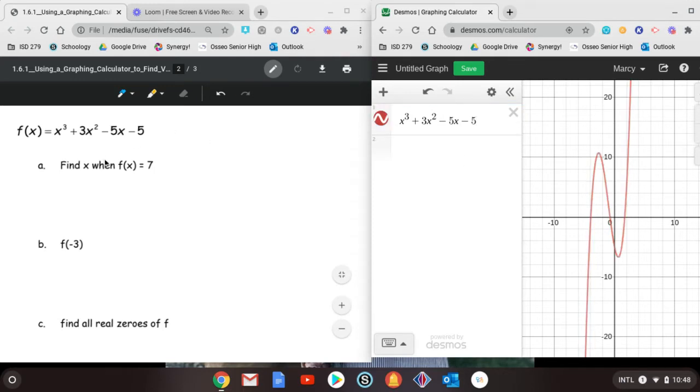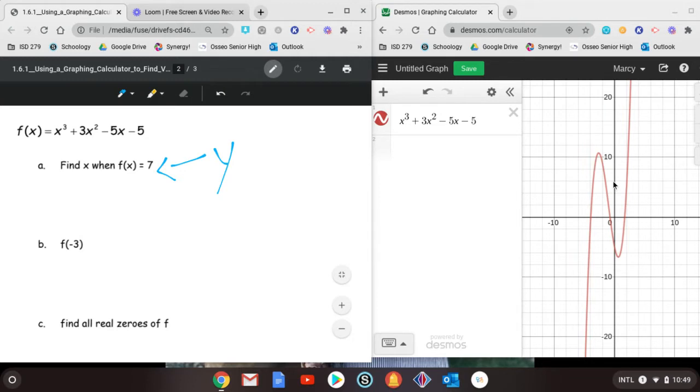So now I look at find x when f of x is 7. Well, I have to remember that this is my y value. Okay, so f of x is your y. So now I look at y over here on my graph.